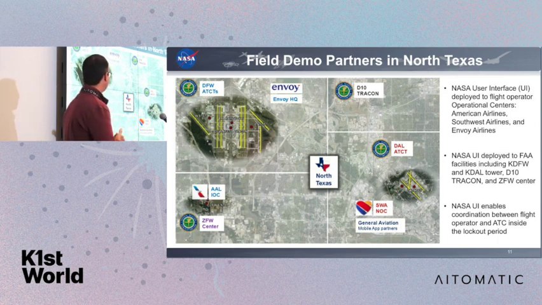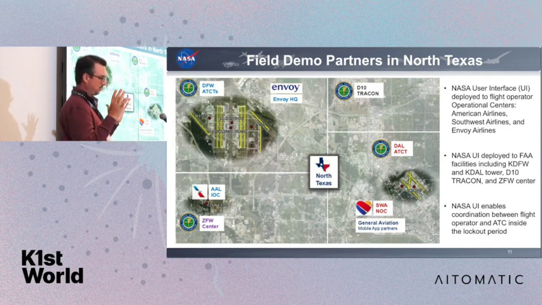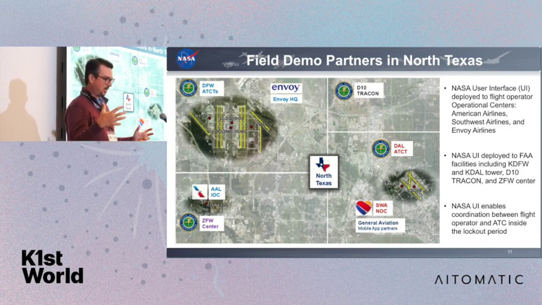We're also running tools at a handful of FAA facilities here in North Texas. And one of the key things to notice is that you have this complicated process that is a combination of predictions, humans, and then coordination between flight operators and air traffic controllers.